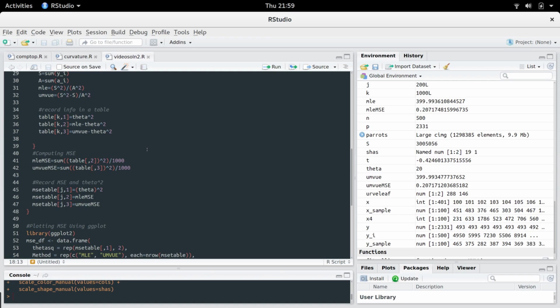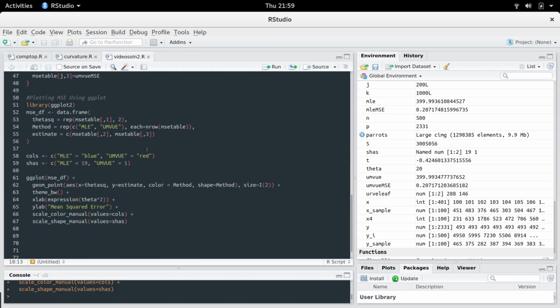And then after completing that, she plotted the mean squared error using the fancy ggplot in R. Right here. And so before running the simulation, she thought about mathematically what would happen, or what she noticed theoretically.